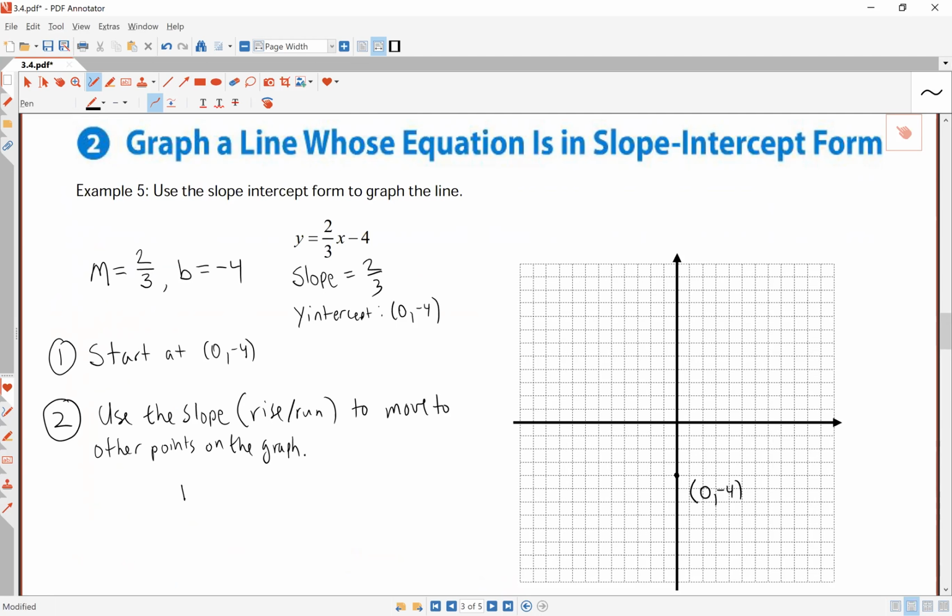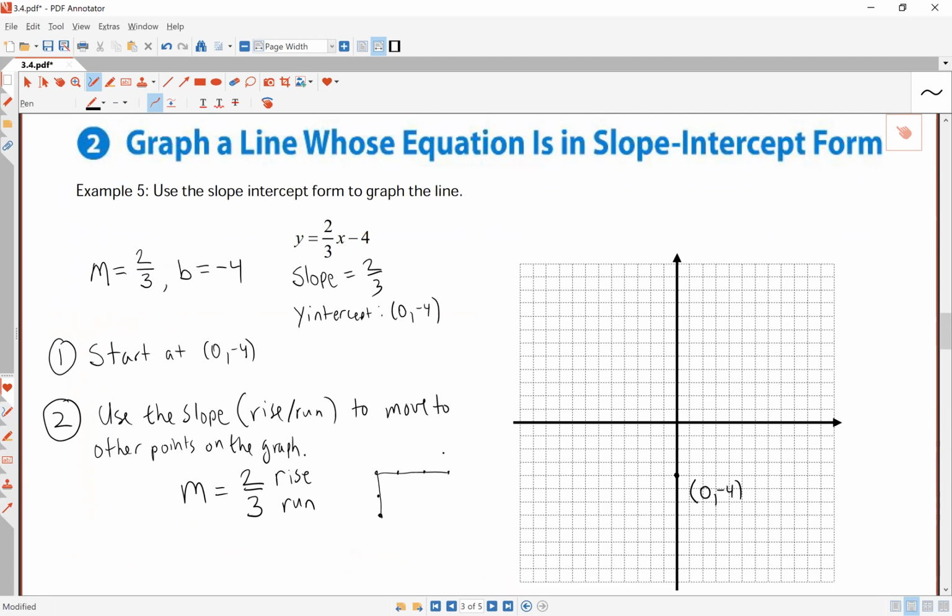So we have a slope of 2/3, rise 2, and run 3. That looks something like starting at any point, you rise 1, 2, and then run 1, 2, 3. Continue that way all the way until you get off the graph paper.